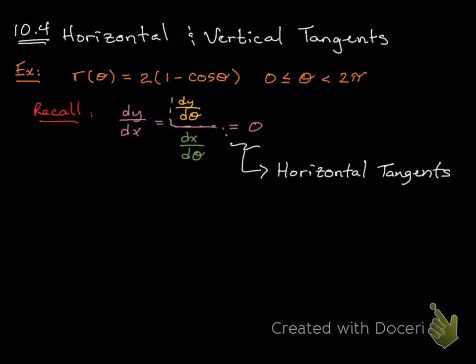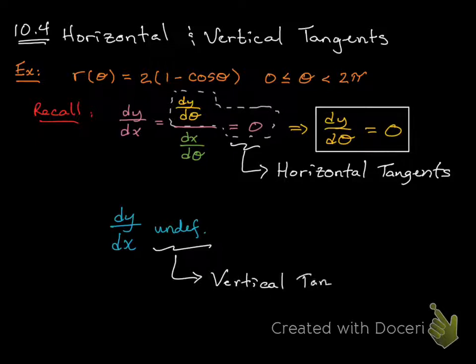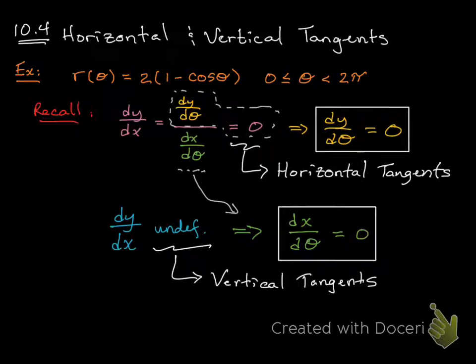And when a fraction is 0, that's the same as saying the numerator is 0. When we set the denominator equal to 0, that's when we're really finding undefined slopes, right? Undefined tangents are vertical tangents, when the slope is undefined. And for us, that's when dx/d theta is equal to 0.